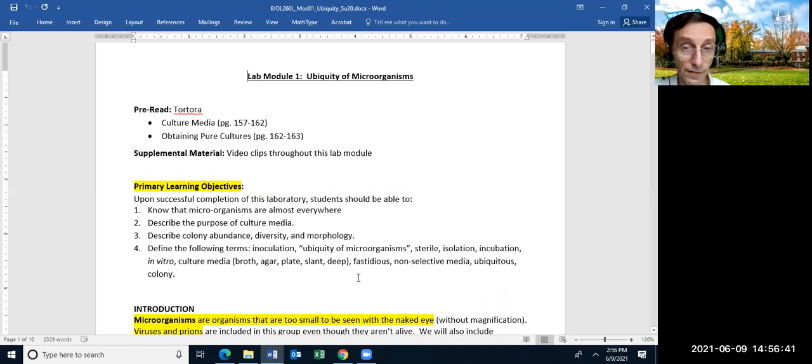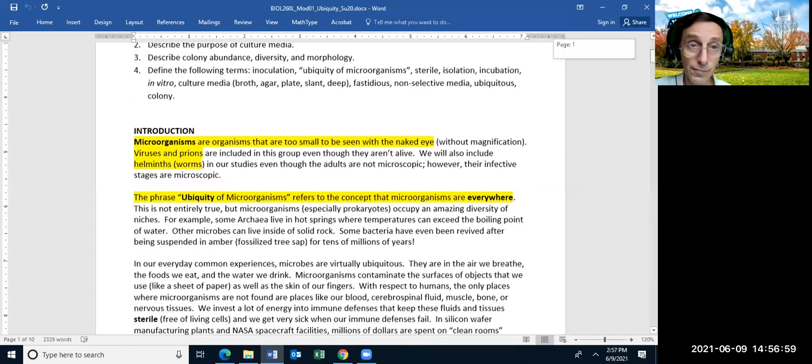You should know what a fastidious organism is. You should know what a non-selective media is. We'll talk about that today. And what ubiquitous means, as well as what a colony is. Any questions about any of that?